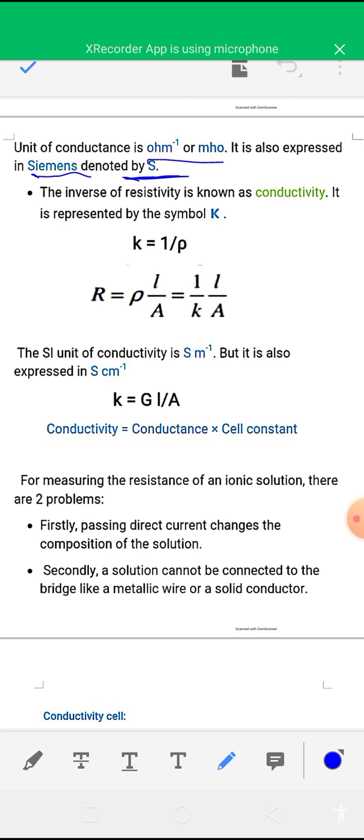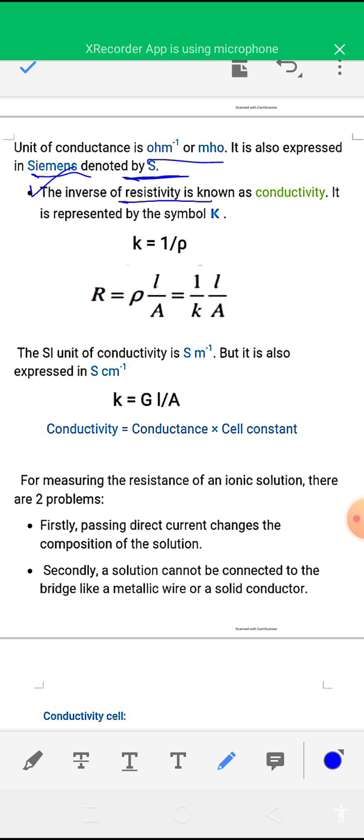Now see conductivity. It is denoted by small k. It is the inverse of resistivity, the inverse of rho. The inverse of resistance is known as conductance, but the inverse of resistivity is known as conductivity.